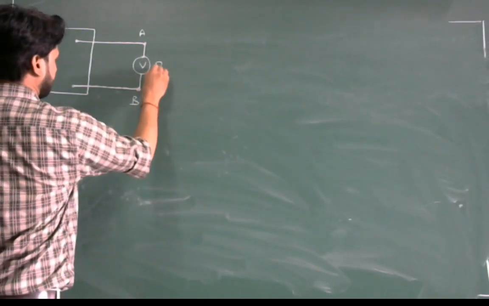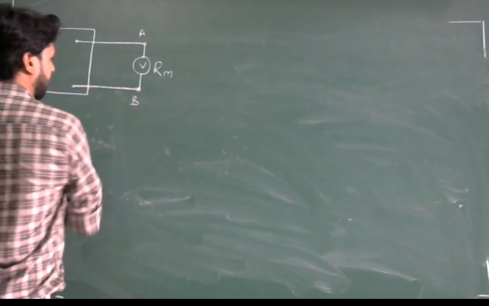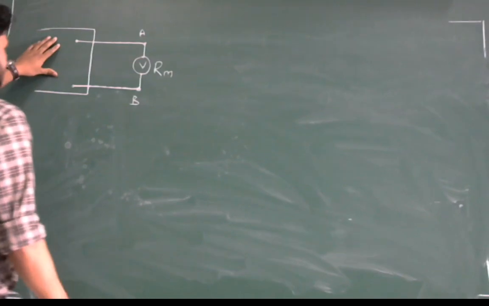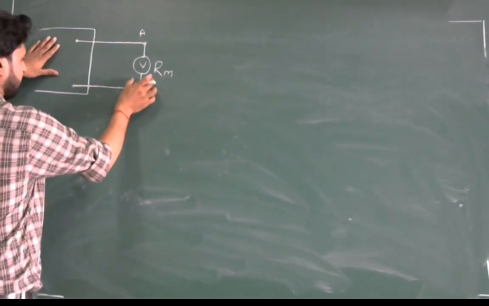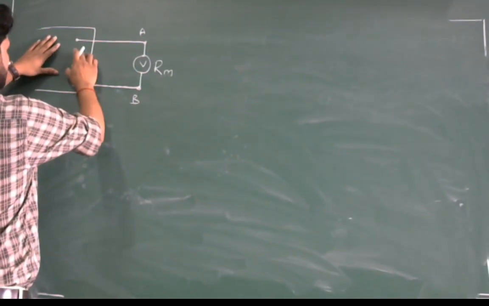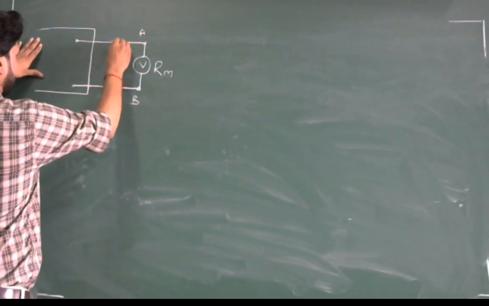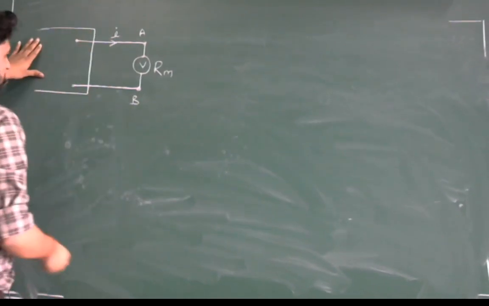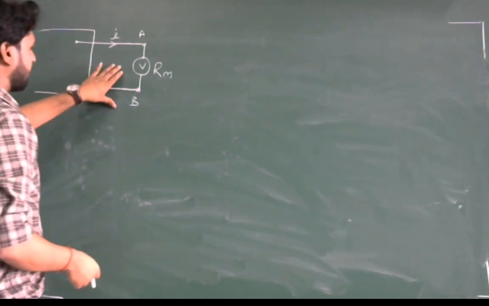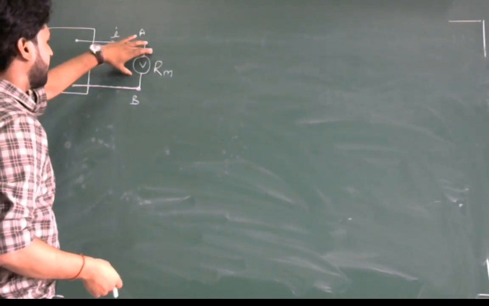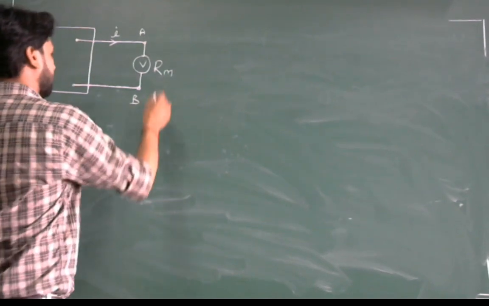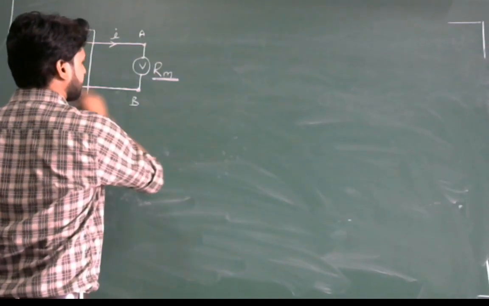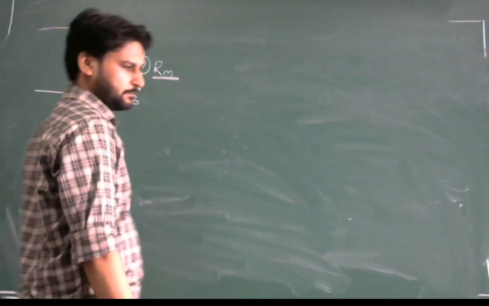This voltmeter has its own resistance. Obviously, when it is introduced in the circuit, it will draw some current from the circuit, and if current is drawn, there will definitely be power dissipation in the resistance of the instrument, Rm.